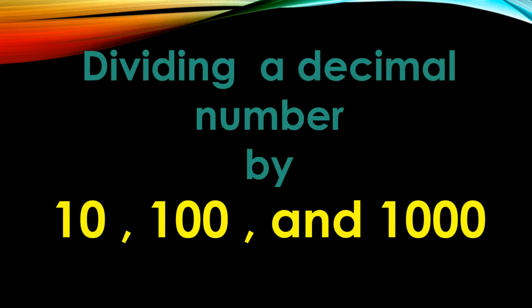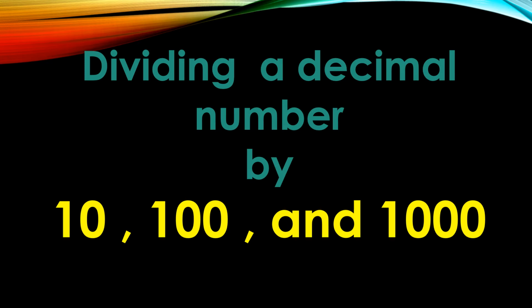Then let's go to dividing. Dividing a decimal number by a power of 10. Here we are going to talk about dividing a decimal number by 10, 100 and 1000. Oh, what will happen here?